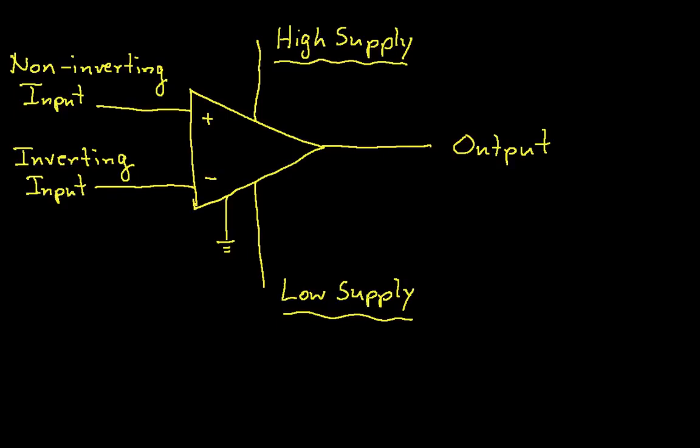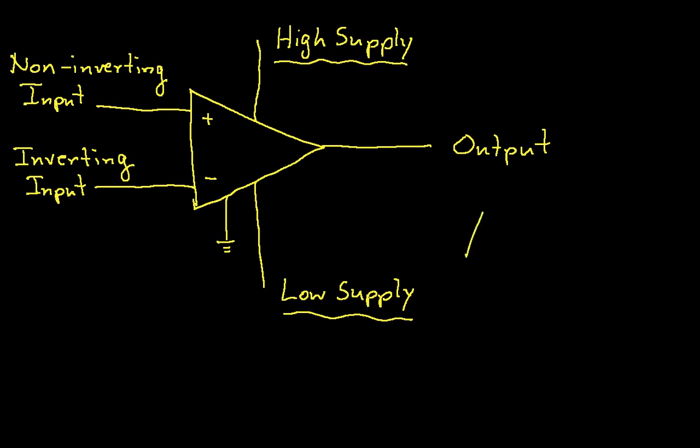Again, you have to connect them up to make a real op-amp work, but we're not going to worry about them much. We have two inputs. We have a non-inverting input and an inverting input. And these two inputs are typically connected to other bits of circuitry. And the op-amp takes the difference between the non-inverting input and the inverting input, multiplies it by a gain.